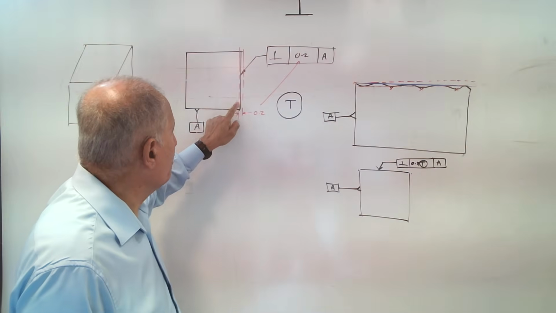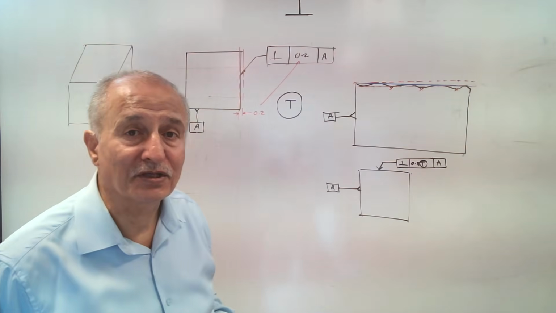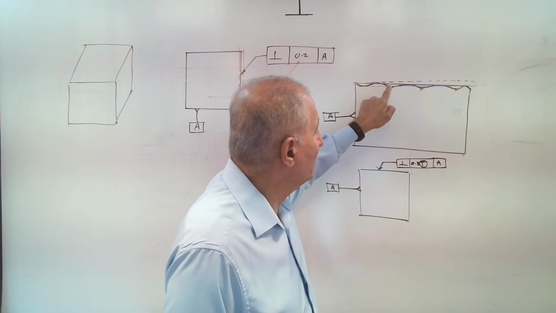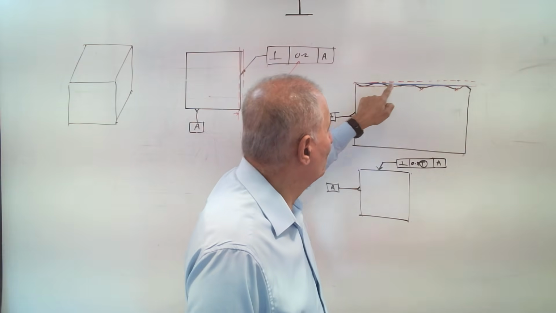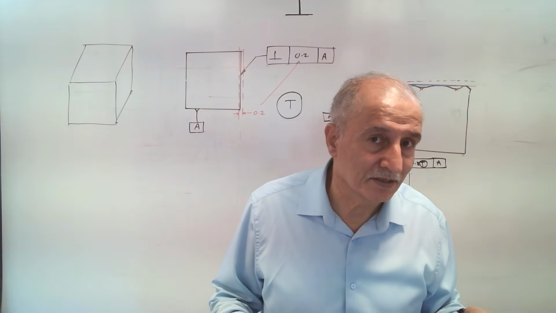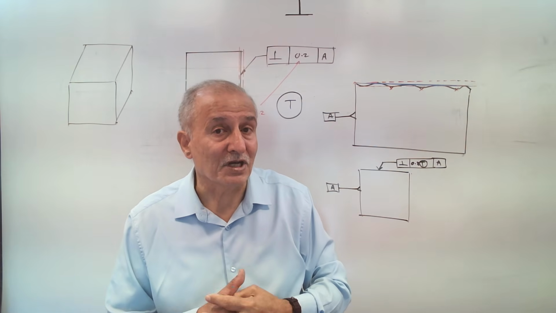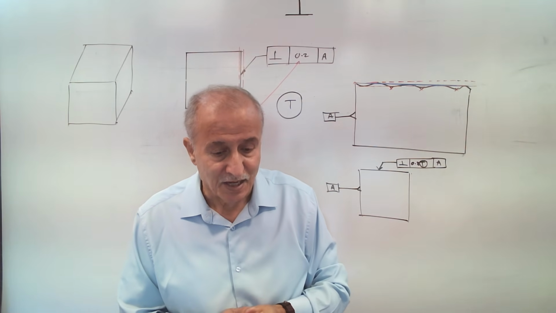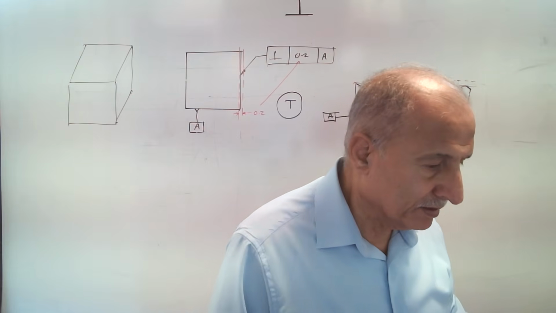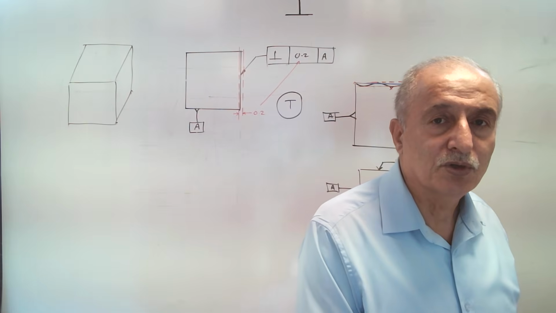Here, all points, top and bottom points, or highest and lowest point, are inside the zone. Here, the only condition is that the tangent plane must be inside the zone, not the whole surface. That's the condition. This is why you cannot limit flatness as well. Then, this is the perpendicularity applied to a feature.